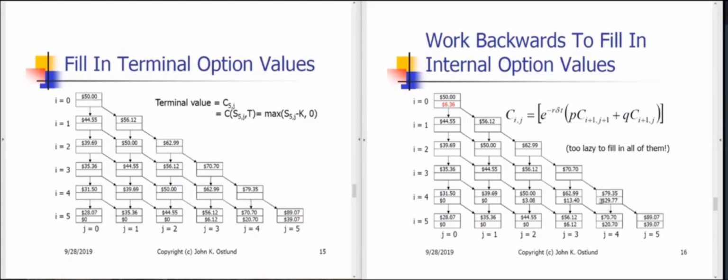Well, the value of the option at time t minus 1 in this situation should be the expected value of the payoffs of the options in the next step, discounted back by one time period. And the expected value is computed using our risk-neutral probabilities.